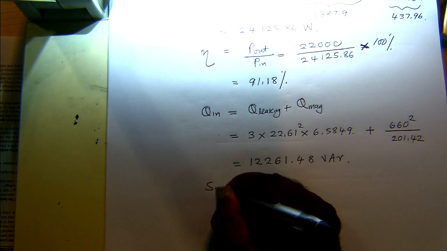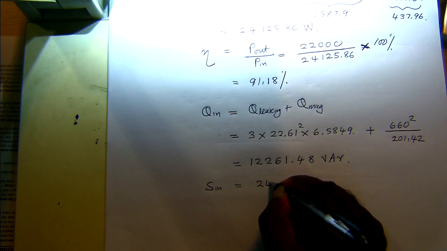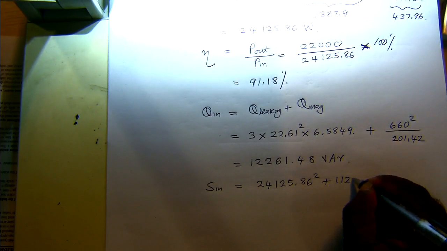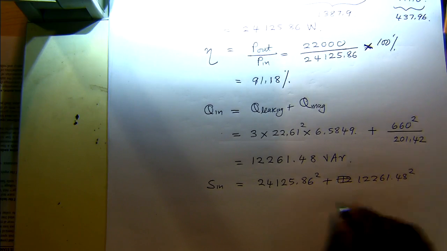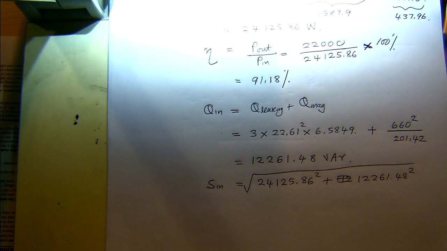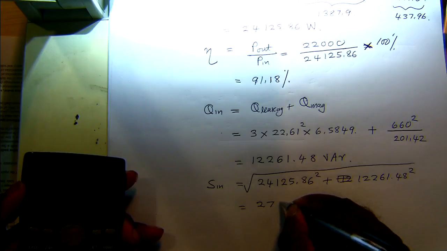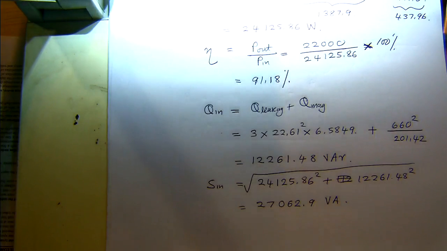So S is the square root of P squared plus Q squared, so that will be this. Which is 27,062.9 volt ampere. So that's the apparent power.